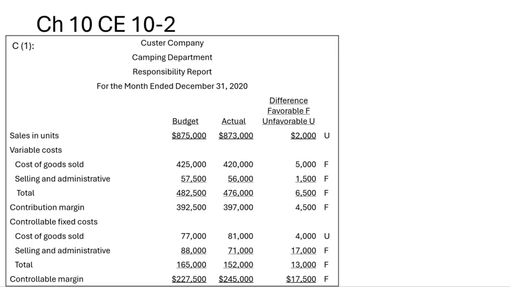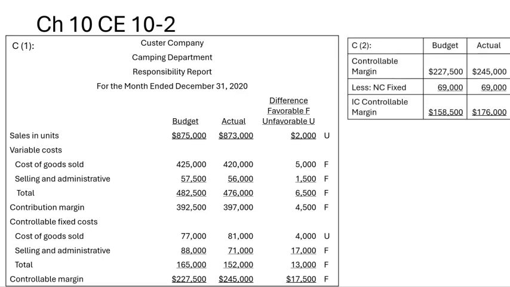So we were $13,000 favorable in total fixed, and our total controllable margin was favorable, $17,500. So with this new advertising campaign, it appears that yes, it is better to go ahead with that because we still remain favorable. We increase our sales and increase our margin.